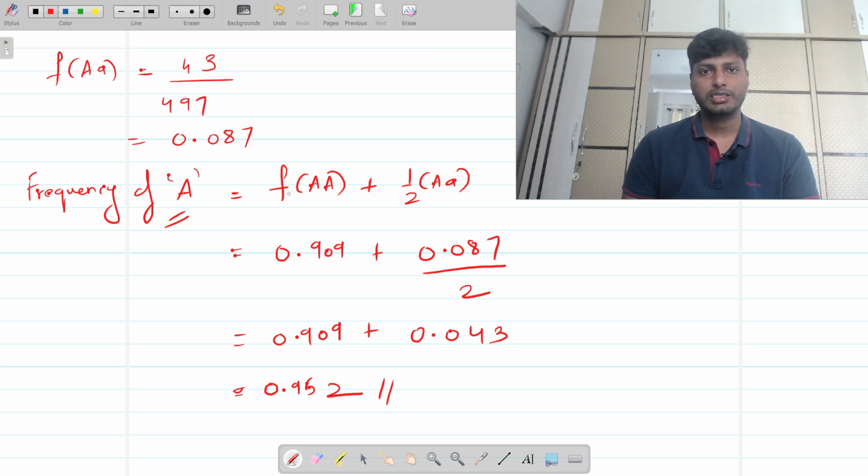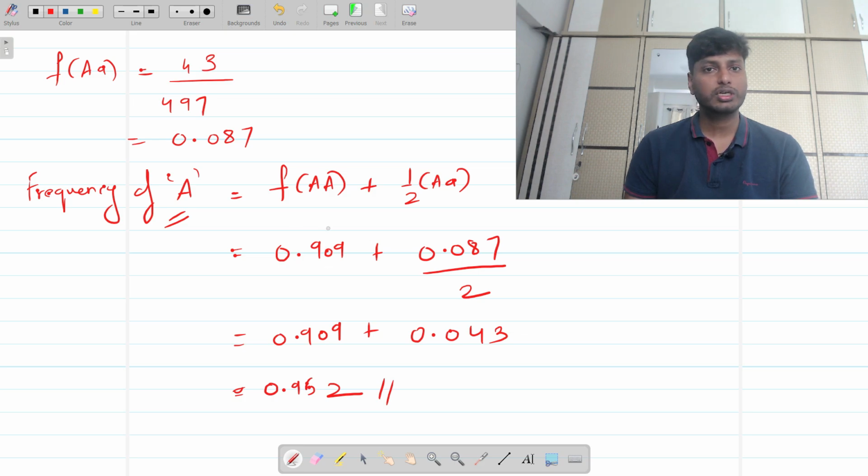Here you have to understand, why did we take the total frequency of homozygous dominant individuals and half the frequency of heterozygous individuals? The answer is, the homozygous dominant individuals are having both the copies of capital A and capital A. So that was around 0.909.